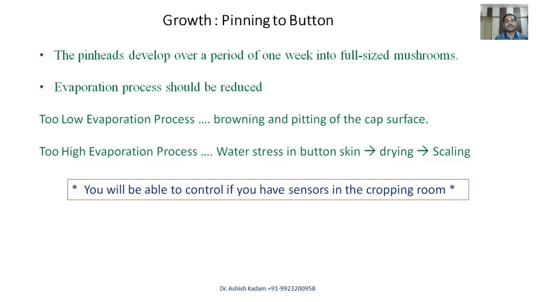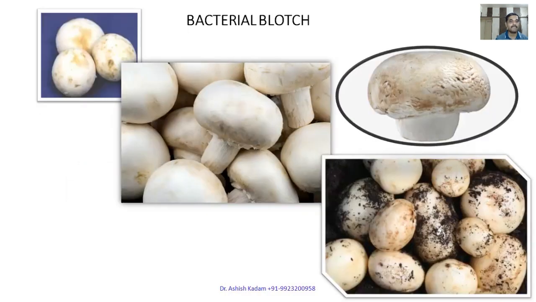So we have to control so many parameters per phase of the crop. For every phase of the crop you require a different environment, different conditions. If you do not have those controls, then you will not have those different environments, and naturally you will see the impact on your production quantity as well as quality.